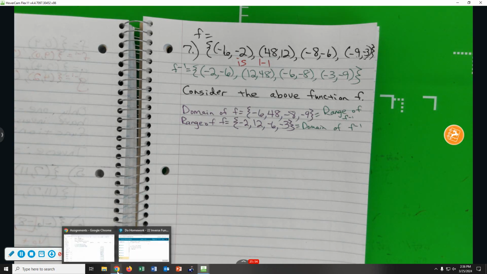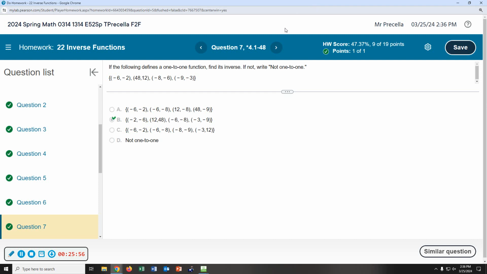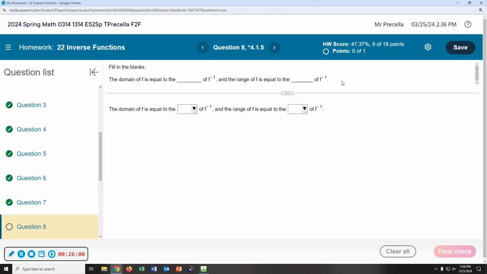Okay, so that means you're ready for number 8. Fill in the blanks. The domain of f is equal to the blank of f inverse, and the range of f is equal to the blank of f inverse.